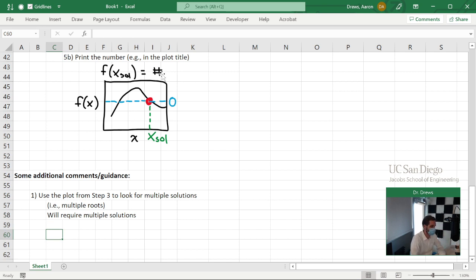Well, okay, that's redundant, because I said look for multiple solutions and it will require multiple solutions. We'll need you to run the root finding process multiple times. Anytime you run the root finding process, you can only find one root at a time. So if there's more than one, you have to run it multiple times.